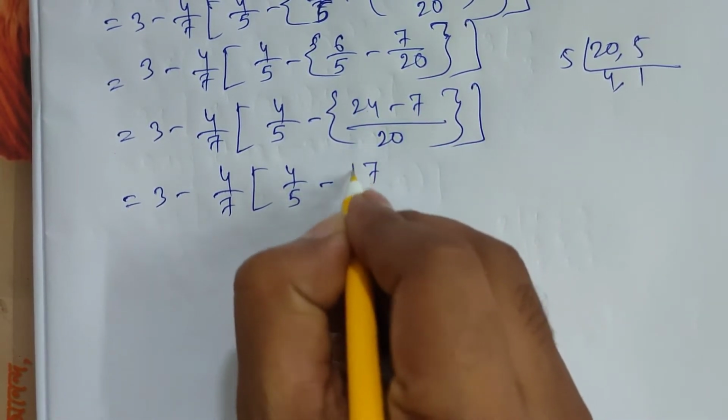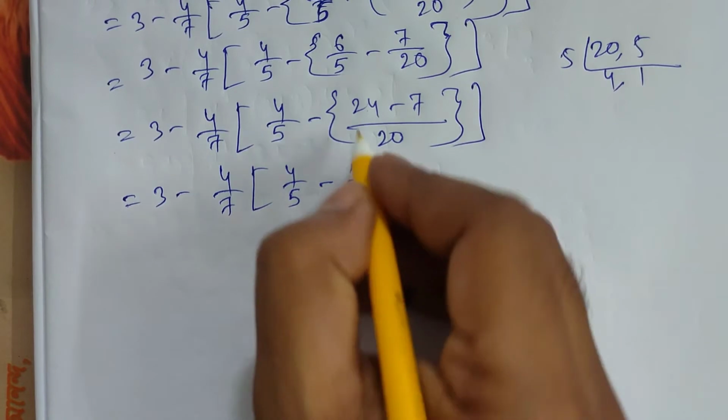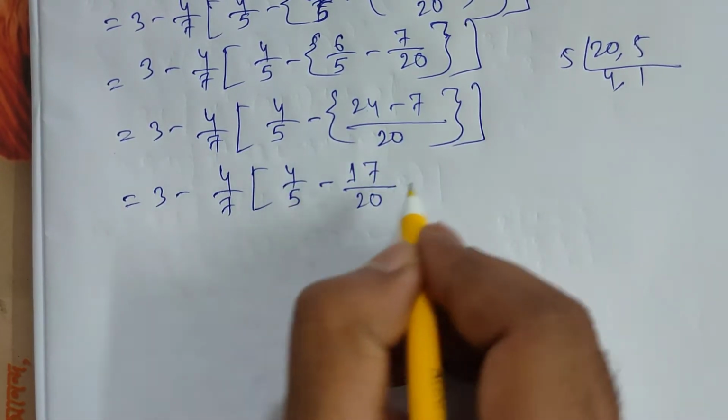It will be 17 by 20. The greater number symbol is positive, and here is a minus.